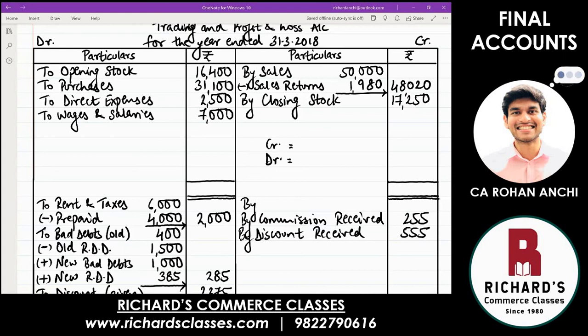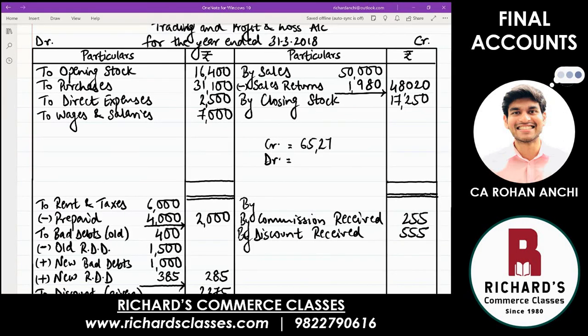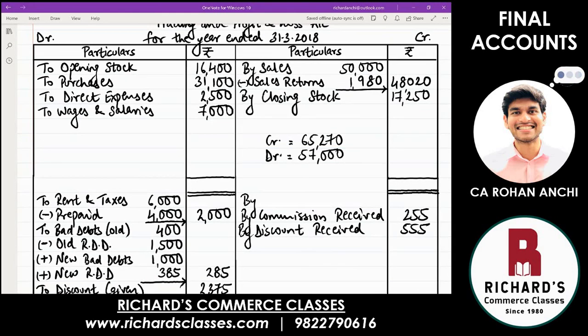Which side? Credit side. And what about the debit side? 57,000. Okay, so you know that credit side is greater. That same total should be written both sides. Credit side, write down 65,270.